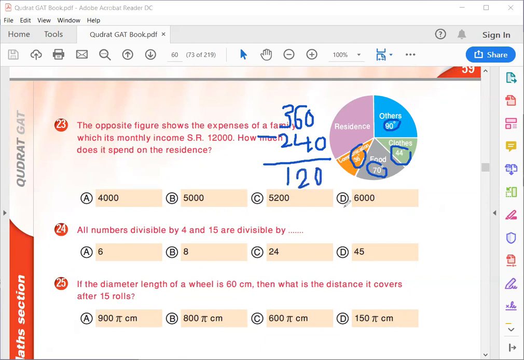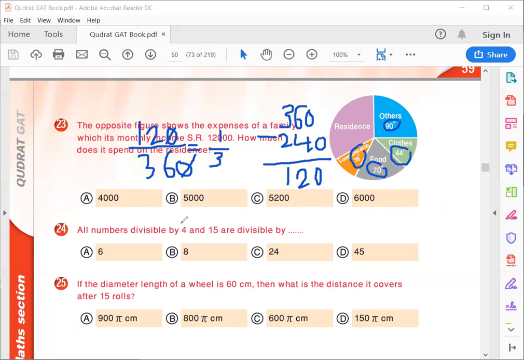It is 120. How do I find the fraction? I say 120 over 360, then you simplify it, you get 1 over 3.